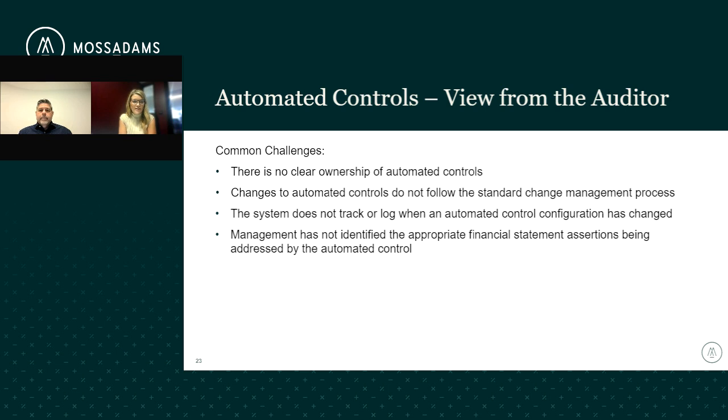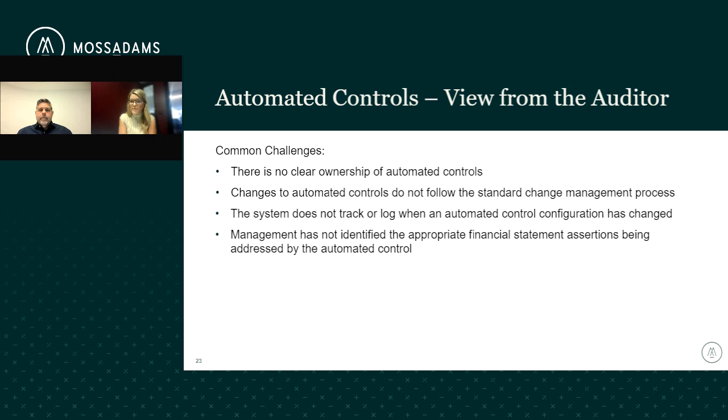And then the last one is management not appropriately identifying the financial statement assertion that's being addressed by the application control. I'd say the most common example here that we run into is with interface controls. So when System A is transferring data to System B in an automated manner, you want to make sure that data transfer is complete and accurate.